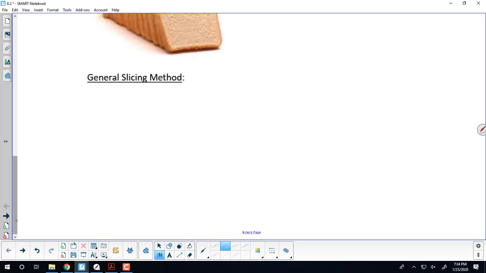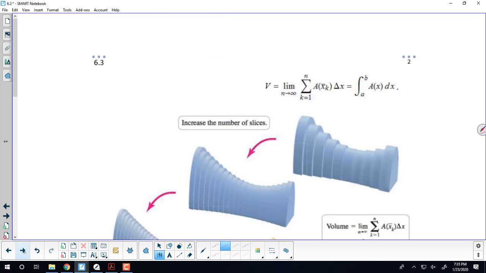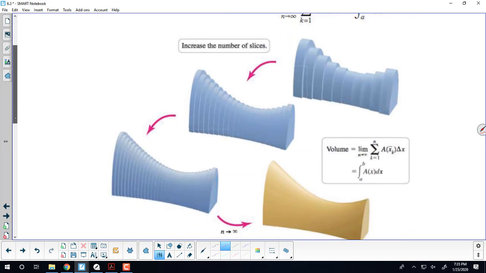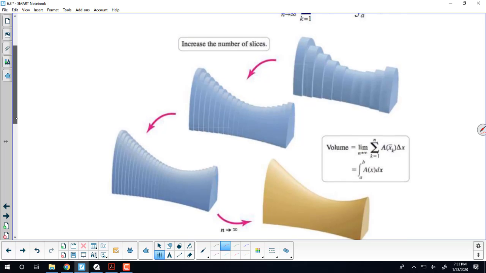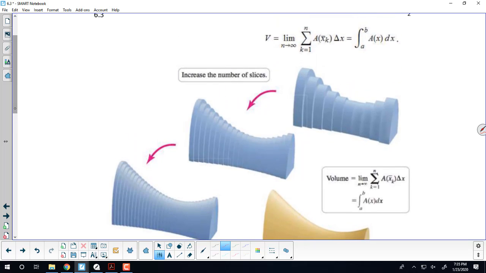So that's what the general slicing method refers to. I think it's presented here on the next page. So, some sort of the volume of this gold figure here. We're still going to slice this up into a bunch of different regions, but instead of finding an area, where we just found a length times the width, for the volume we want to look at an area times the thickness.